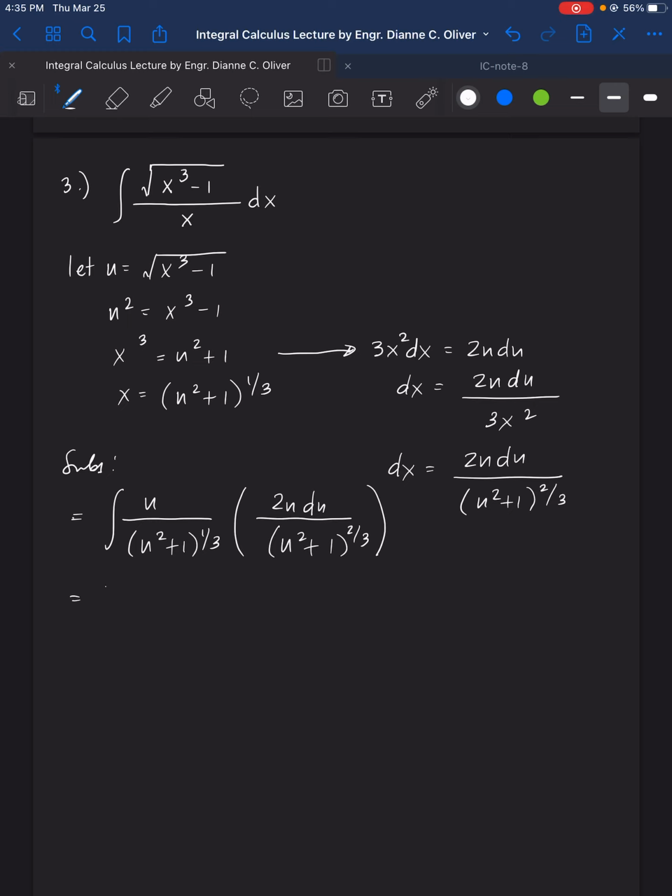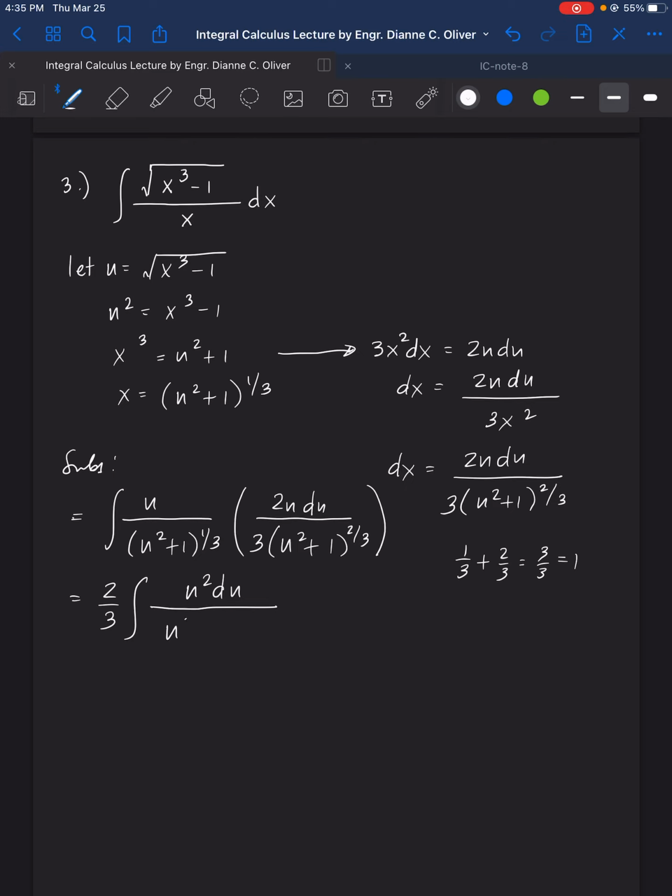Now we have here equal to 2/3, because there's a 3 here. Forgot. It should be 3. 2/3 of the integral of u squared du all over, we have here the same base. Then we have the exponent 1/3 plus 2/3, so that is equal to 3 over 3, 1.